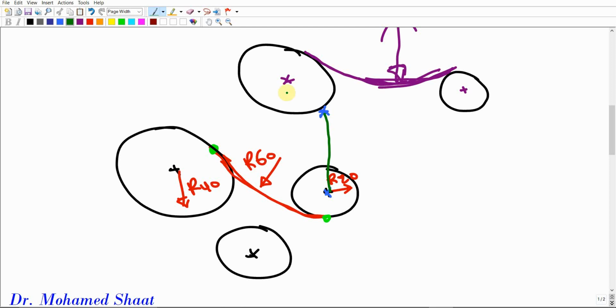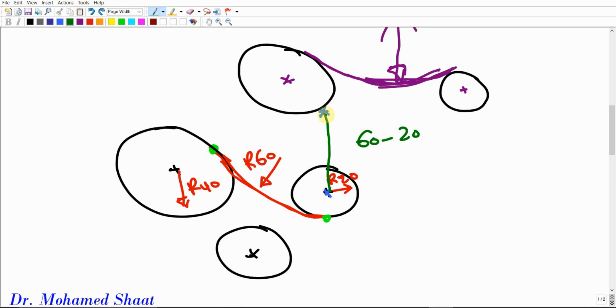Like here, I have 20 and I have 60, so 60 minus 20 gives 40. This should be the radius that I'm going to use to draw a curve here. When you fix the metal tip, you're going to draw a curve with radius 40, the difference. Why? Because this is a very simple approach: just try to move from the center to the other center. Are you going to go over the tangent point? No, so take the difference.